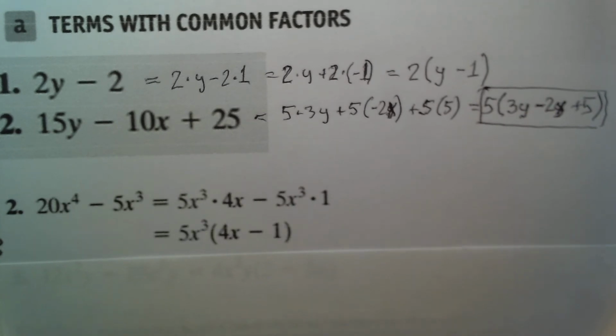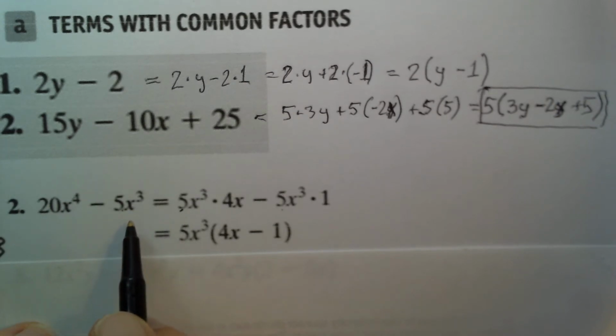And here's another example. 20x to the fourth minus 5x to the third. So here, when you look at the coefficients, 5 is certainly a common factor. So we have 5 and a 5 here. But now we also have x as a common factor, and we always choose the lowest power of the variable, in this case x to the third, as the factor we can factor out.